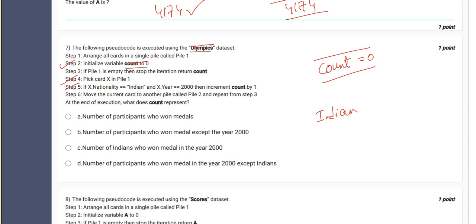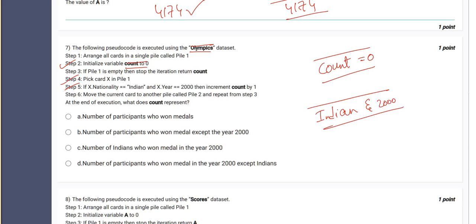Here there is no gender. That means the athlete should be of India. He must belong to the Indian country. And along with that, the year in which he or she got the medal should be 2000 only. So a combination of both these two statements would be the correct answer, for which we increment count by 1.